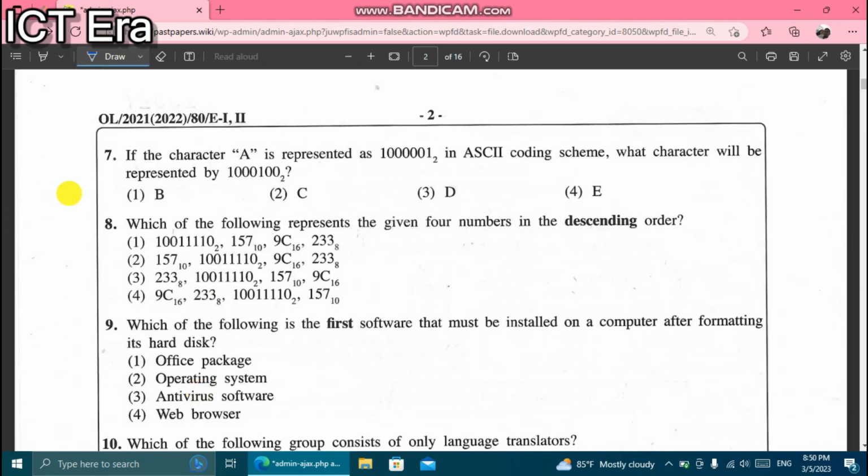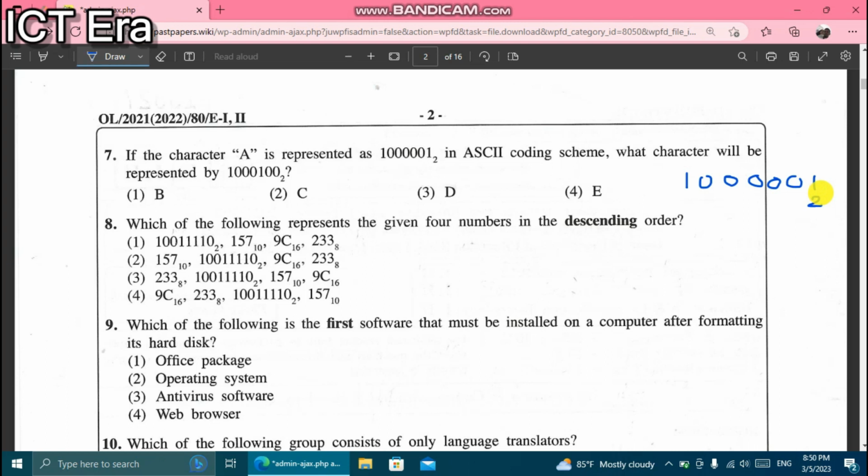The seventh one, if the character A is represented as 1000001 in ASCII coding scheme, what character will be represented by 1000100? Right. First of all, I will convert this one into decimal number.